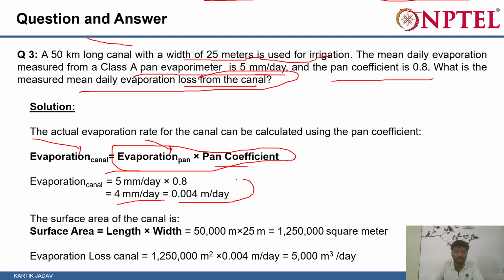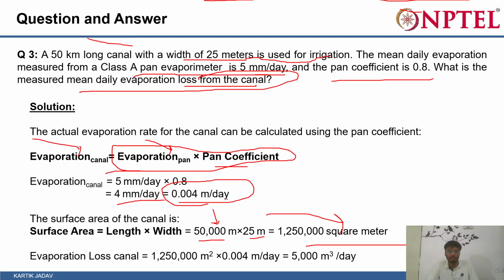mm per day, that is 0.04 meter per day. The surface area of the canal is given by length into width. The length is 50 kilometer, which in meters is 50,000, and the width is 25 meter, so the total area is in square meters.